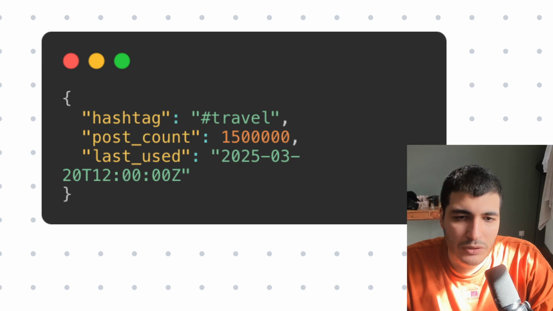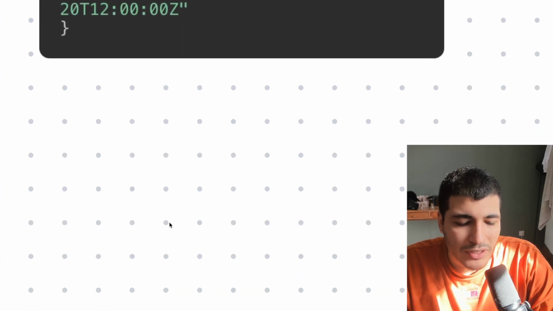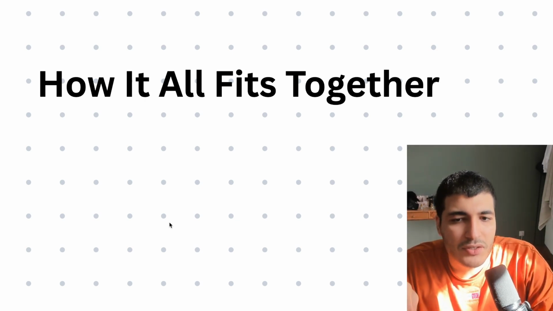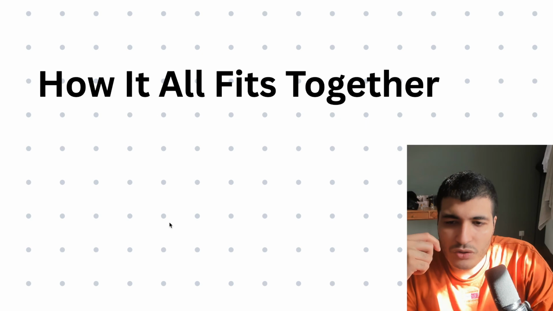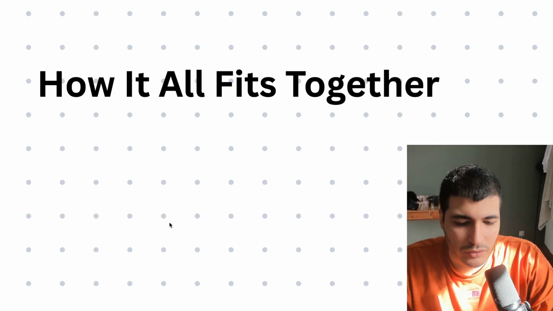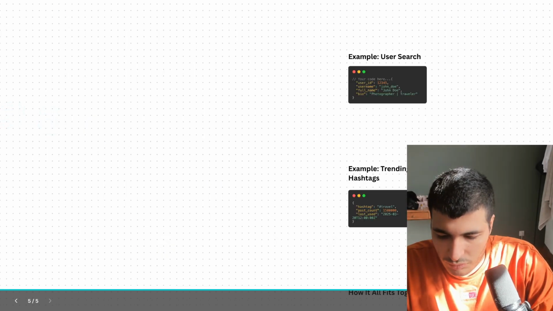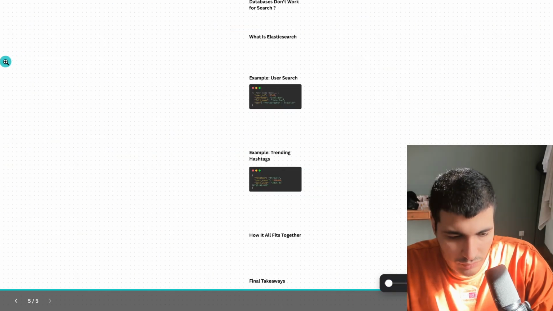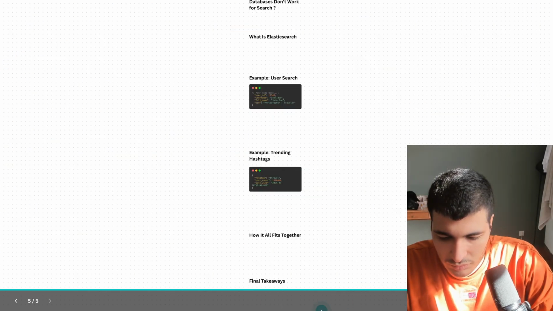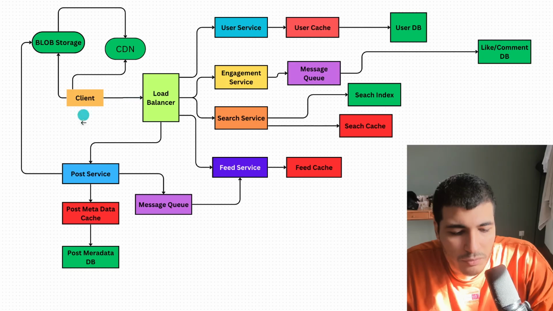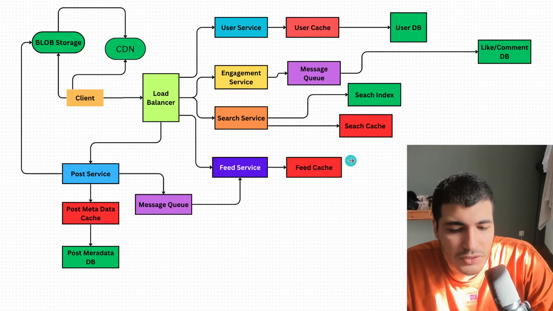Next, we need to talk about how it will all fit together. In a real system like Instagram or Twitter, let's try to understand how the search works under the hood. First, the user profiles and hashtags are stored in an Elasticsearch index.